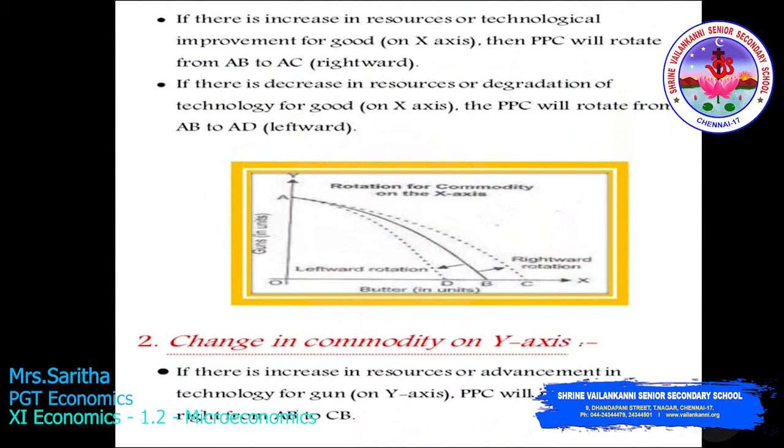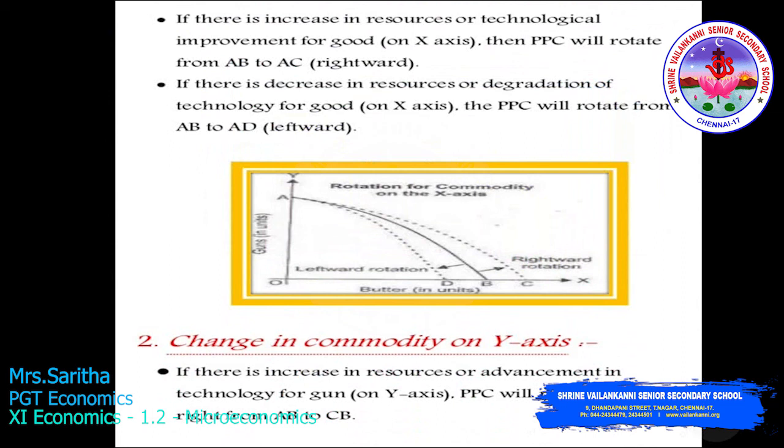So for a change in the commodity on the x-axis, we look at both rightward and leftward. With an increase or advancement in technology, the PPC rotates from AB to AC, rightward. With a decrease in resources or degradation of technology, the PPC rotates from AB to AD, leftward.